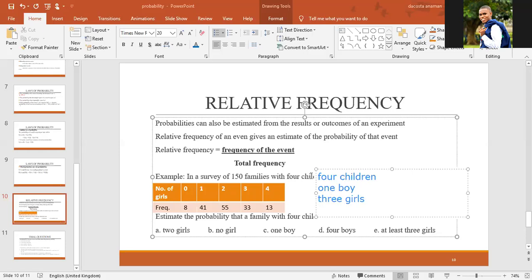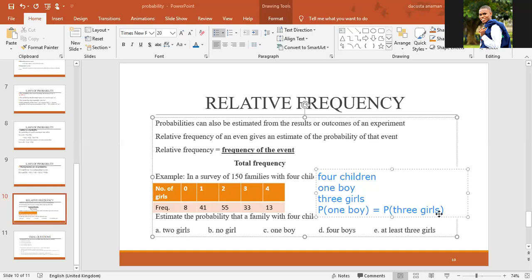So if we are looking for only one boy in the families, that means that the rest of the children will be what? Girls. And that will mean that 3 of them are girls. So the probability of finding one boy will be the same as the probability of finding 3 girls.